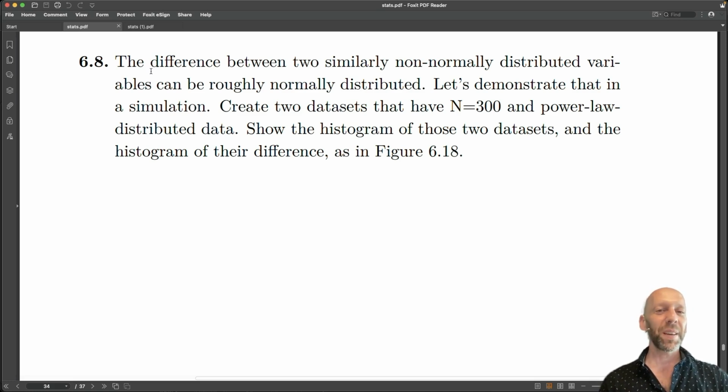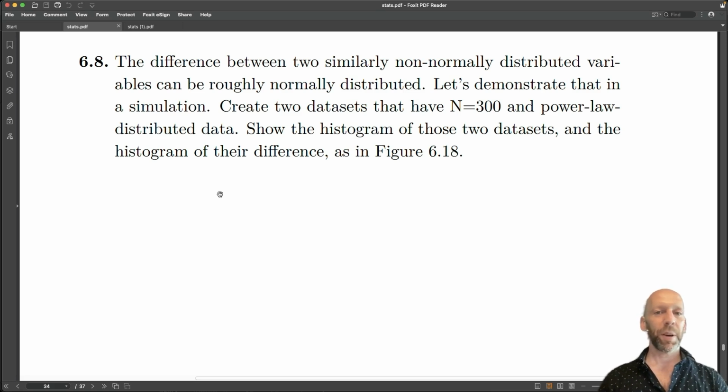Okay, so here again, we are focusing on transformations of data to make them more normally distributed. Not necessarily a perfect, pure Gaussian, but at least closer to a normal distribution than the original data distribution.